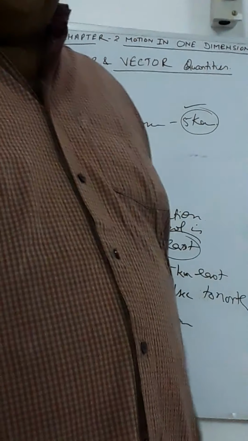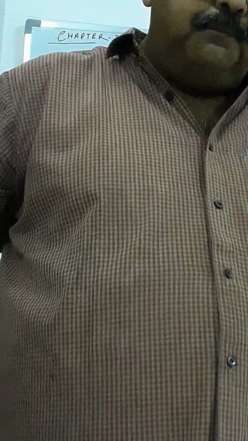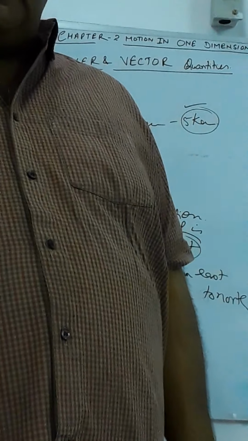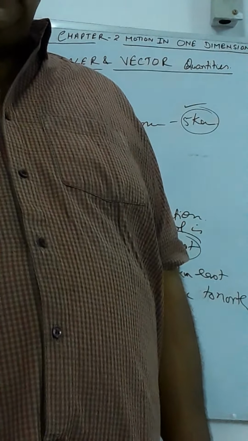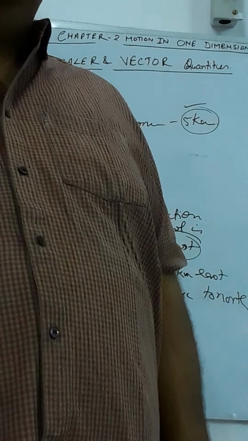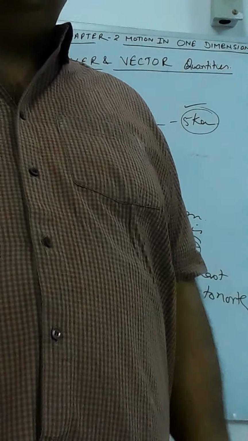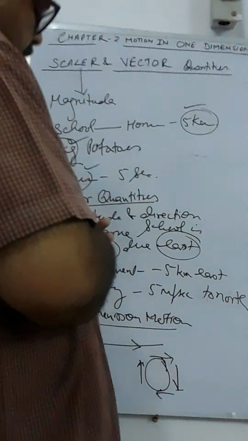Next is the representation of one dimension motion. They have given one example: time 0, 1, 2, 3, 4 and position 0, 5, 10, 20, 45, 50. In the different times, at equal intervals of time, the position is different, which means the body is displaced differently, as shown in the linear graph.